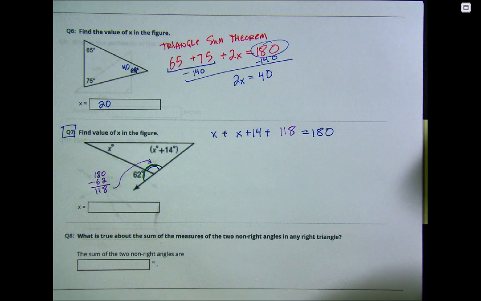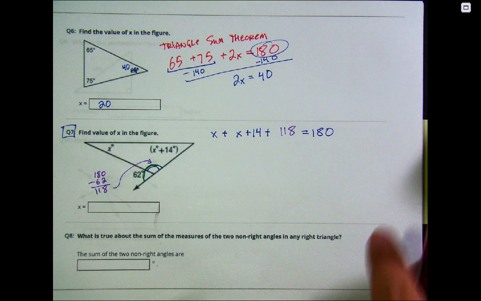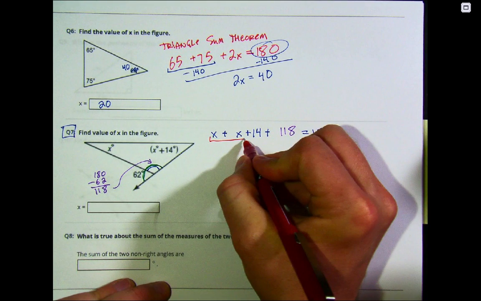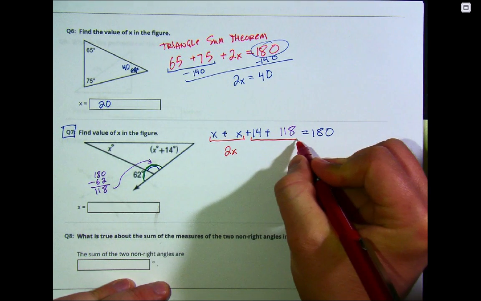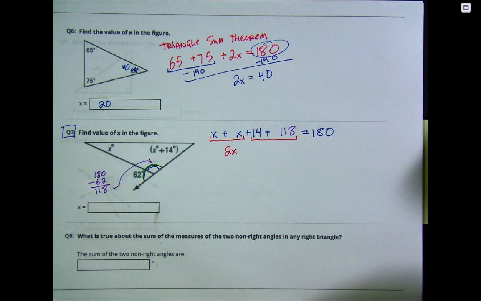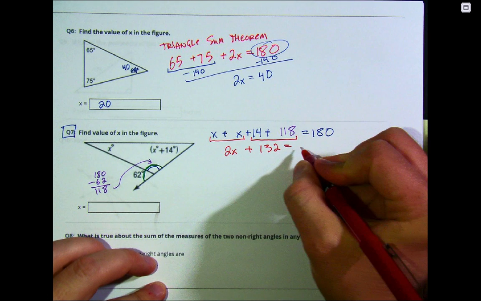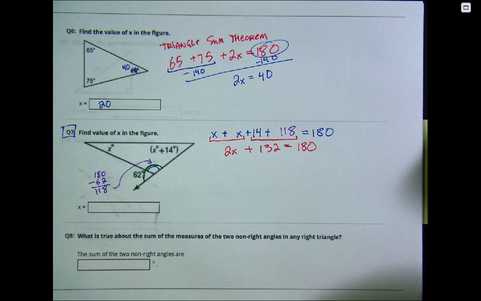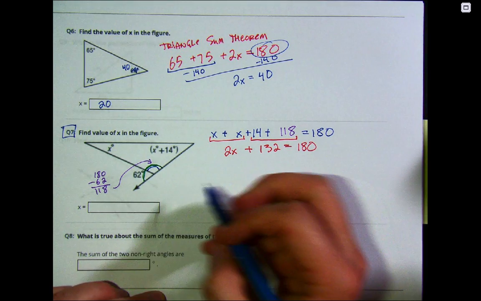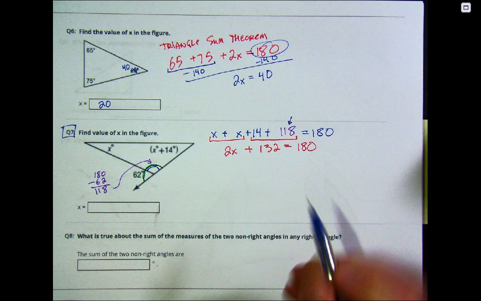Now I've got an equation, and all I got to do is solve it. X plus x is 2x. 14 plus 118, let's see, it's 132. Now you just got to solve that equation. So I'm guessing if you missed this problem, you might have put a 62 right here instead of a 118.